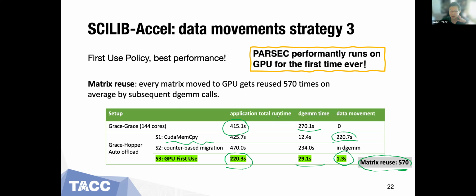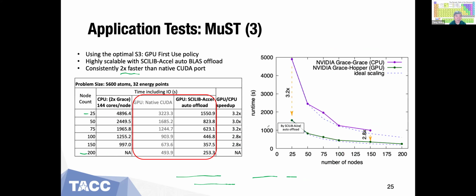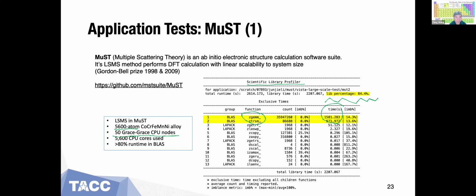Right. Another thing is, you mentioned not only ZGEMM but also ZTRSM, which is a LAPACK routine. Does your library also take care of LAPACK? No, this is a level 3 BLAS. ZTRSM is a level 3 BLAS. The LAPACK routines used most are ZGETRS and ZGETRF, and most of the ZTRSM calls come from those two LAPACK routines.